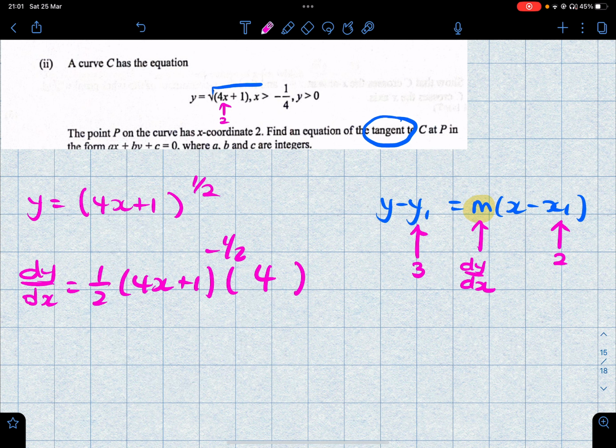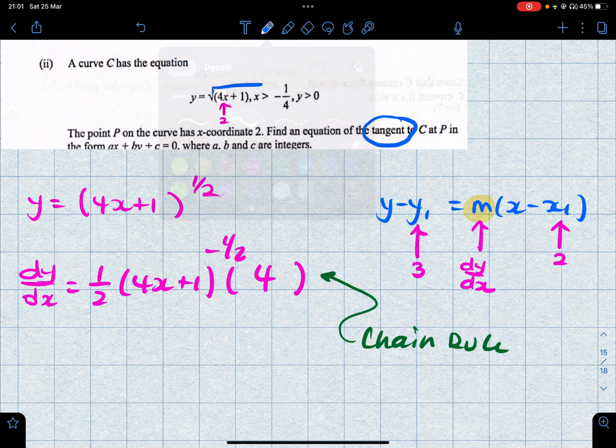So this is a version of the chain rule. Okay, so that will give you 2 over square root of 4x plus 1.